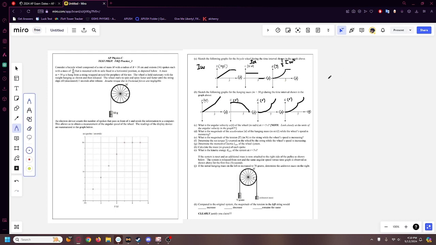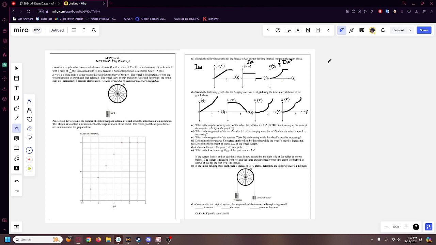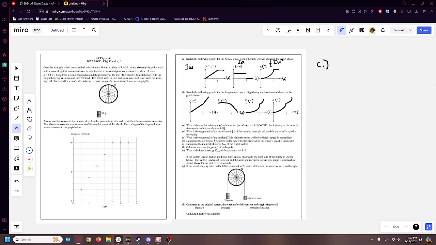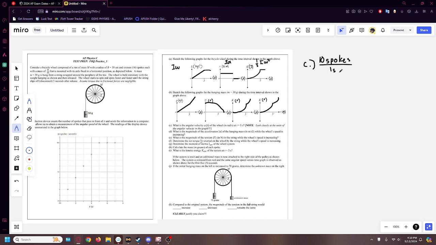Part C asks for angular velocity at t equals 5. So at 5 seconds, it's at 10 spokes per second. And then there's 16 spokes in one revolution.